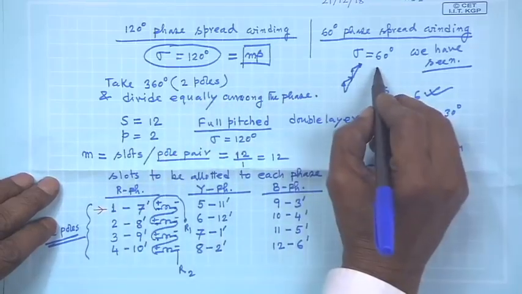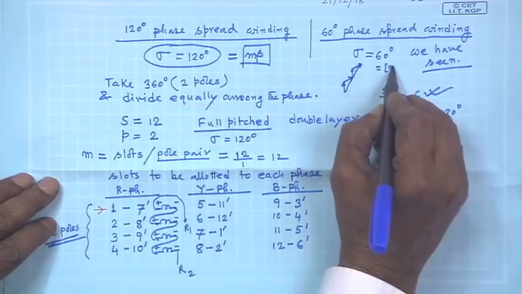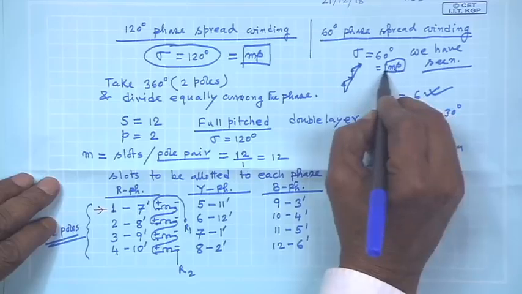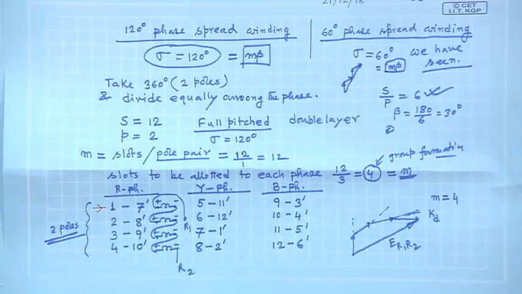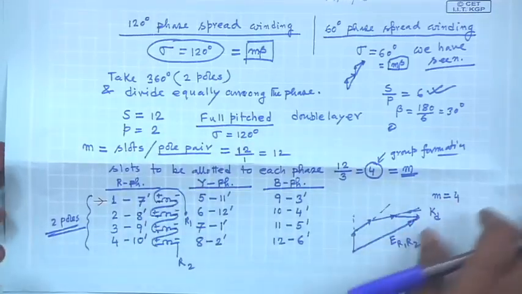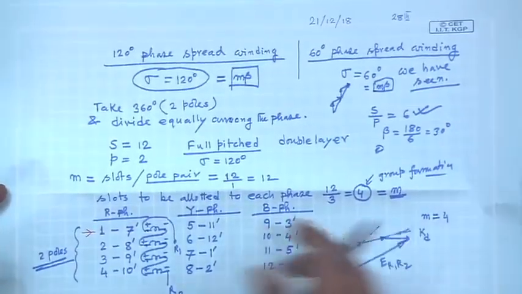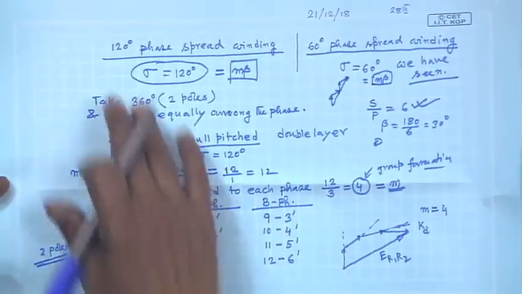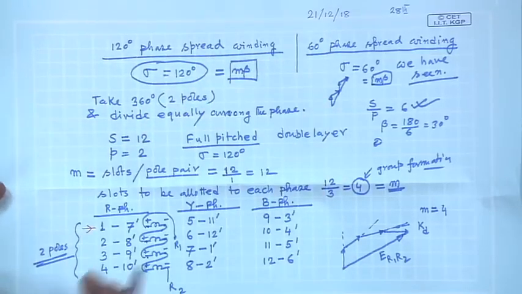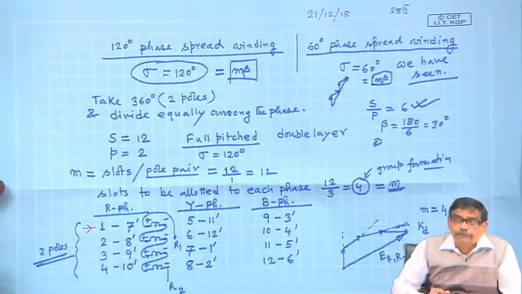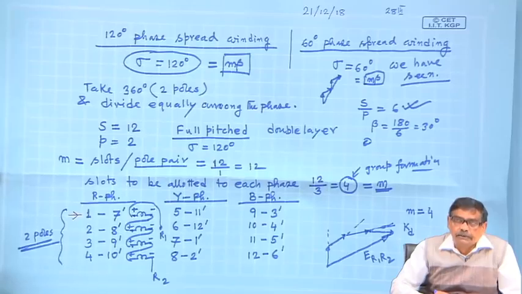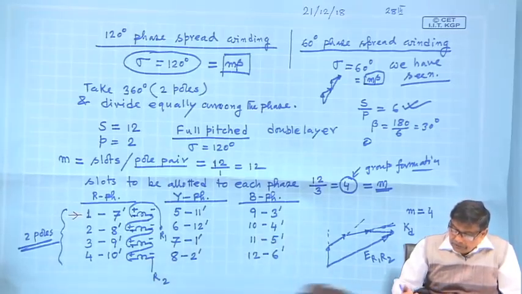This is also m beta. Is not it? It has to be like this. Therefore, this is how this 120 degree phase spread winding can be wound. You will get a successful 3 phase balanced winding, and you can do some examples.